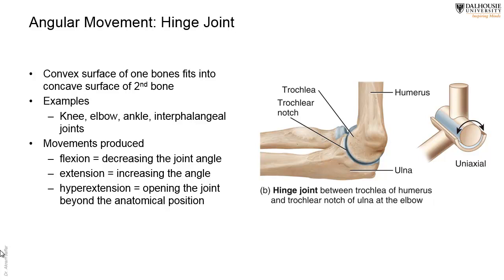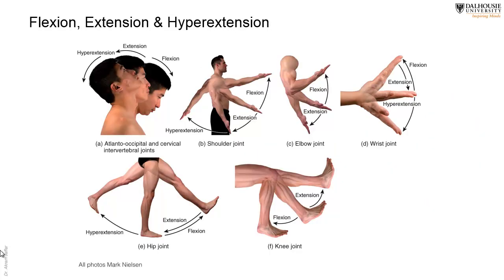For example, this will be flexion of the shoulder joint, and this will be extension of the shoulder, but going beyond is hyperextension. Okay? So these are examples of the movements that we have in uniaxial hinge joints: flexion, extension, hyperextension, flexion, extension. Also for the knee.